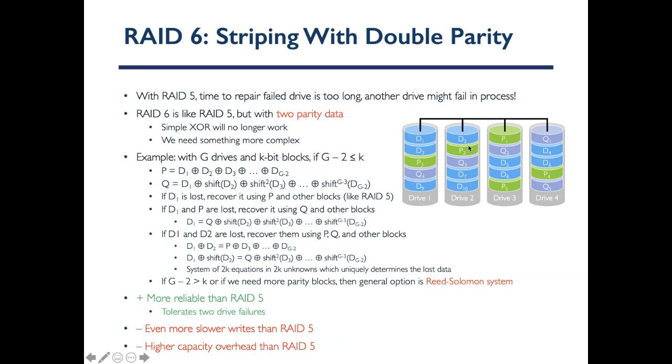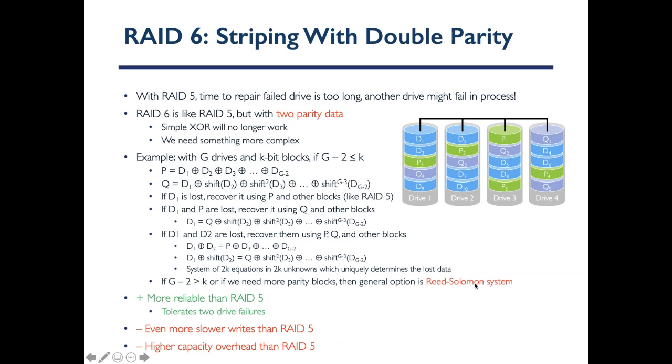Now, to calculate this second parity, we can't just do what we did with the first parity, because then you would have redundancy in parity, and that's not going to help you. So the way you calculate this second parity, there are algorithms for this.